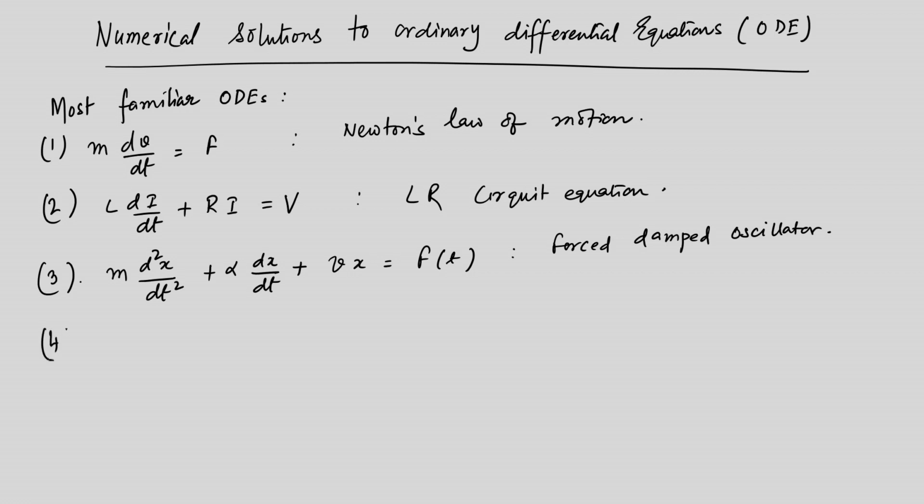Of course, we are only listing a small subset. We come across a large number of equations. This is Newton's law of cooling, the law according to which a body cools.